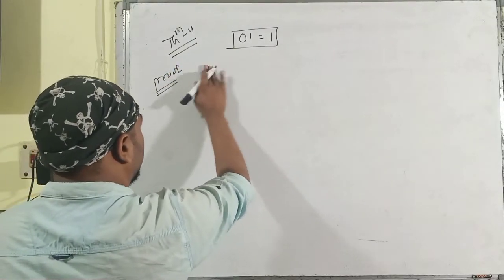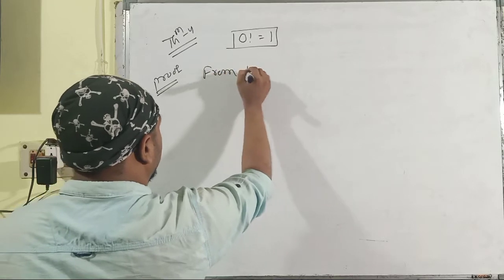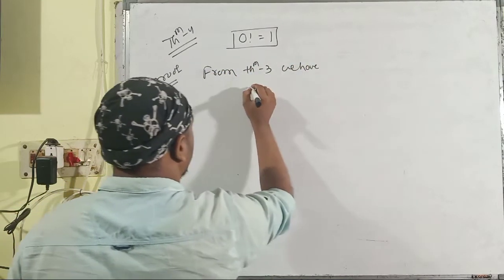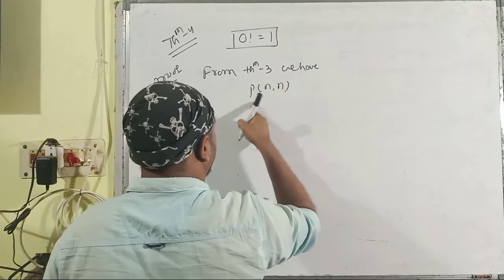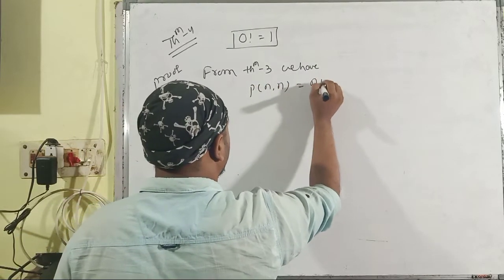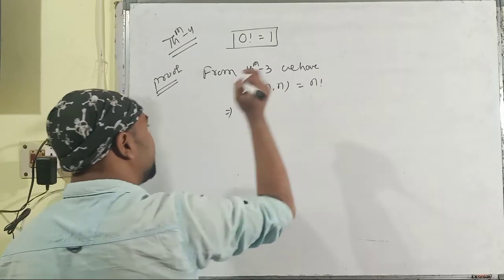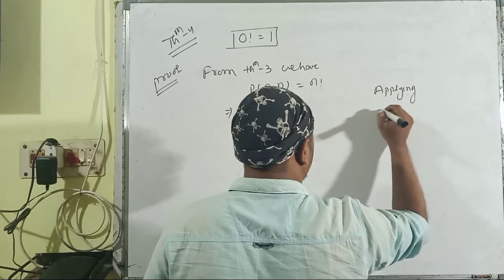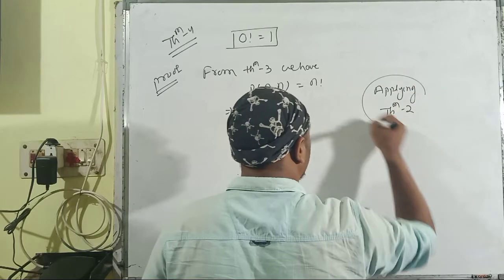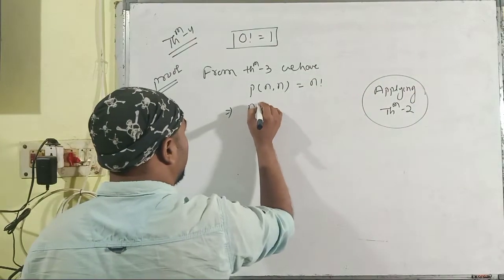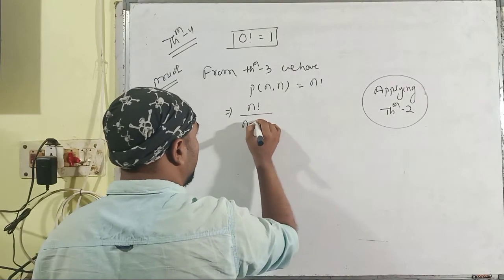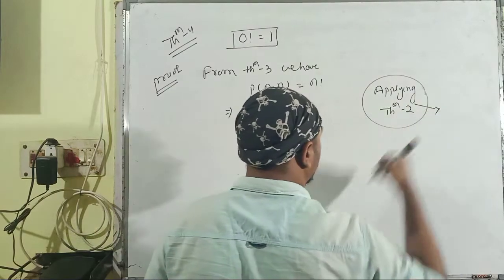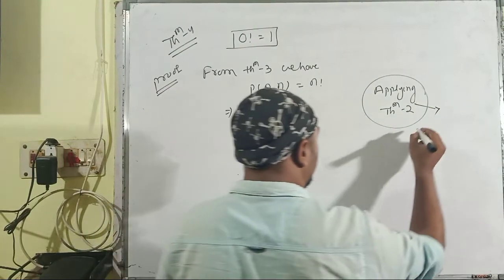From theorem number 3, we have the permutation of n different things taken all at a time is equal to n factorial. Then applying theorem number 2, n factorial divided by factorial of n minus n is equal to n factorial. What does theorem number 2 tell?